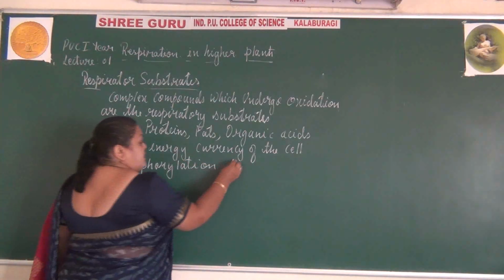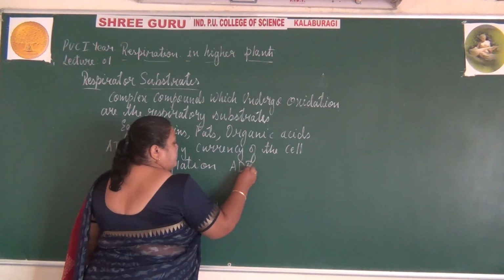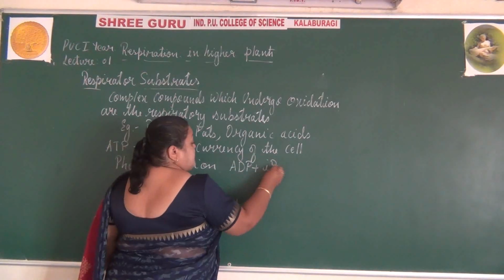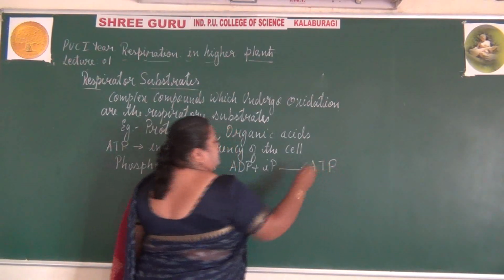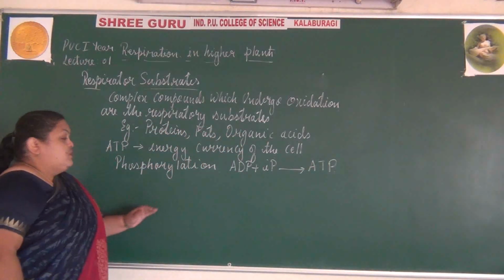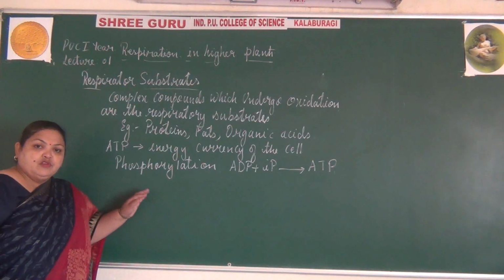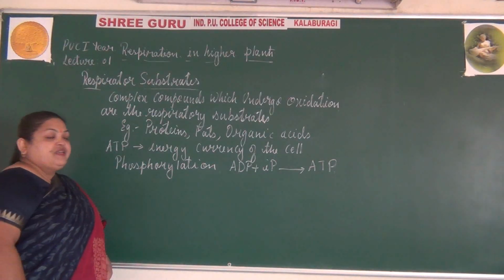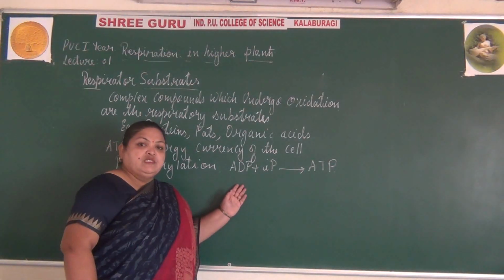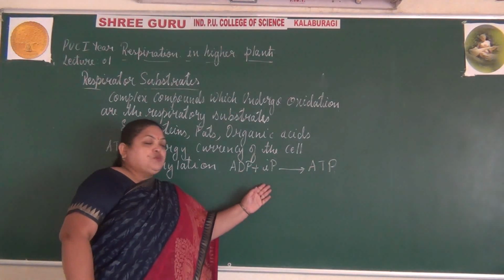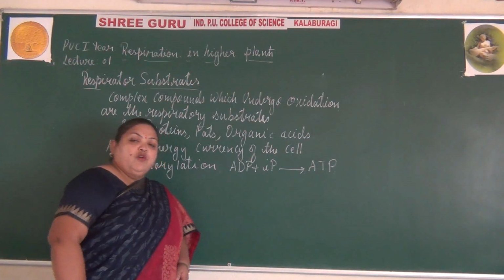Phosphorylation is where adenosine diphosphate combines with inorganic phosphate to form ATP. Yes, so by phosphorylation ATP is synthesized, where adenosine diphosphate combines with inorganic phosphate to form adenosine triphosphate.